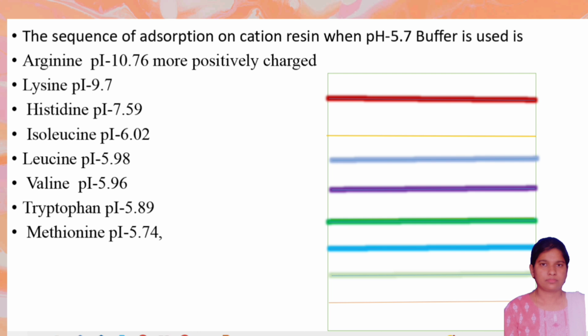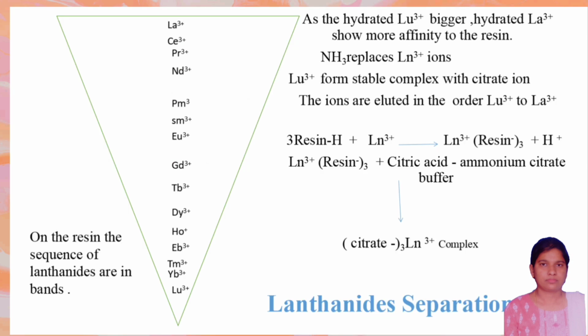separately from the resin. Let us see the application of ion exchange method in lanthanide separation. When a solution of lanthanide ions is allowed to pass through cation exchange resin, the small size hydrated lanthanum 3 plus ions are exchanged firmly by the H plus ions of the resin, whereas the large size hydrated lutetium 3 plus ions are bonded less firmly to the resin.